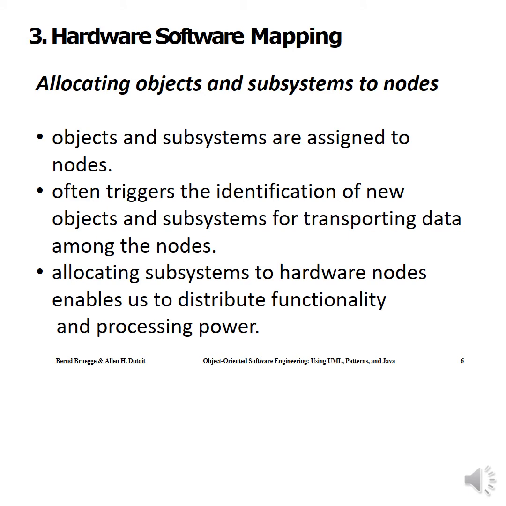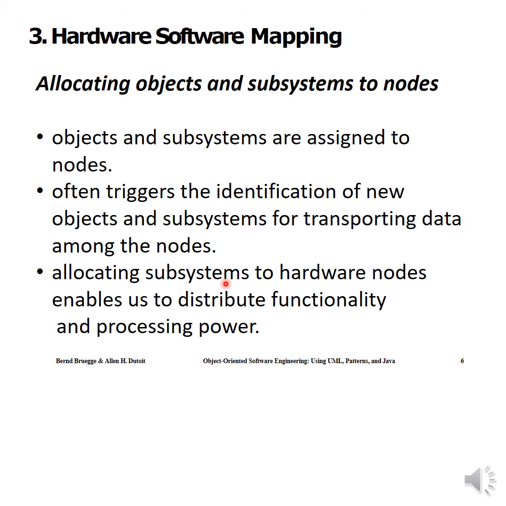So, allocating objects and subsystems to nodes. Once objects and subsystems are assigned to nodes, this often triggers the identification of new objects and subsystems, because now these subsystems have to communicate with each other.